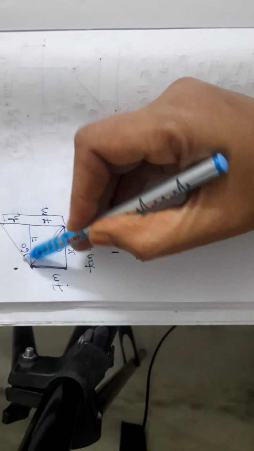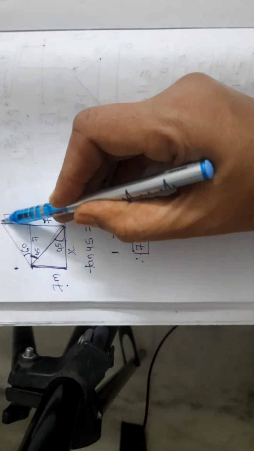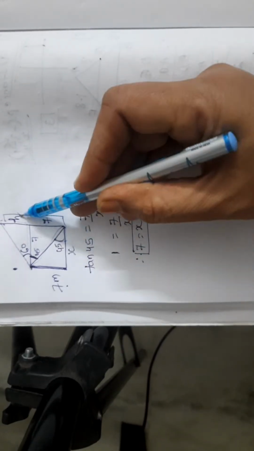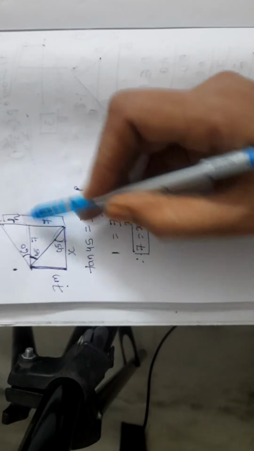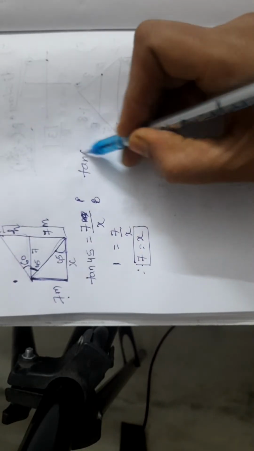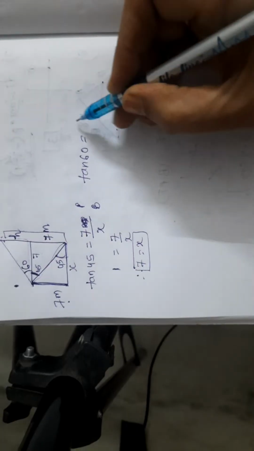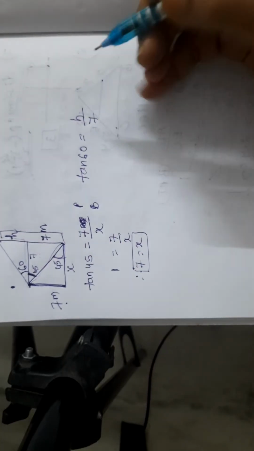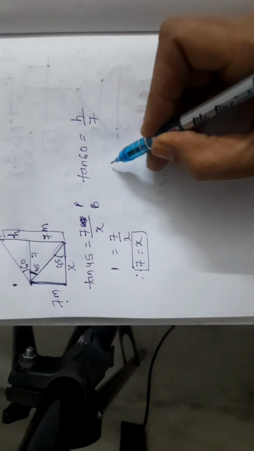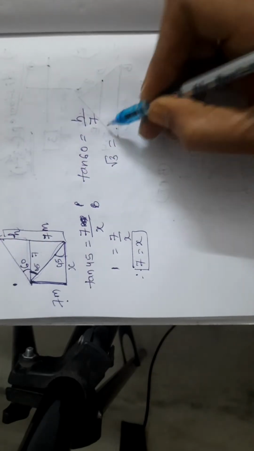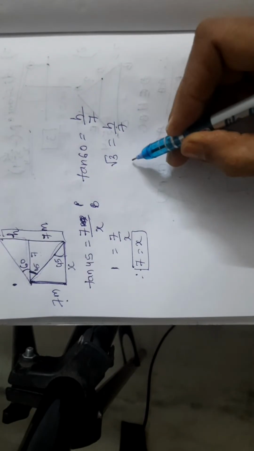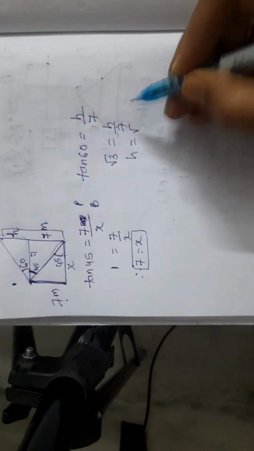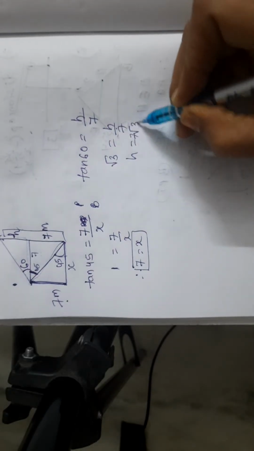Now again calculate the upper part of the triangle. Again they are in the relation of perpendicular and base. So tan 60 is equal to h upon 7. Tan 60 is root 3, so root 3 equals h by 7. Cross multiplication, h is 7 root 3.